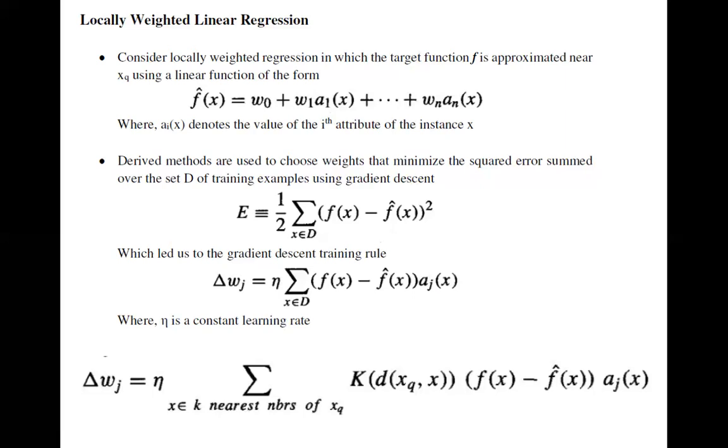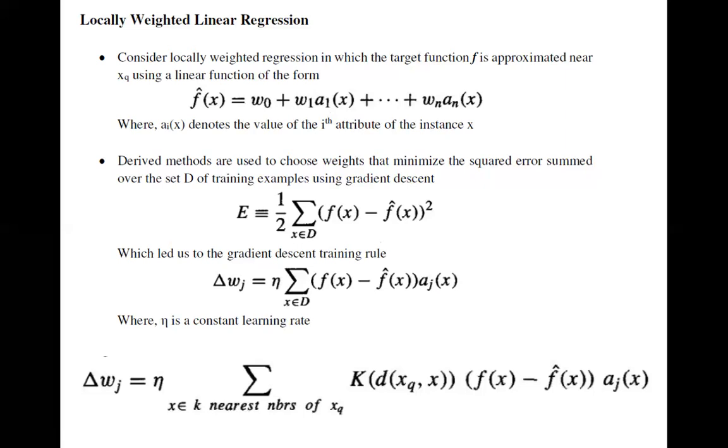So this change in weight will be used to update the weights of each and every attribute. While doing the approximation, we'll assign the weights and calculate the new weights. The new value that has to be updated is calculated using this last equation. That change in weight will be updated into this linear equation. We are trying to approximate the value of f of x.